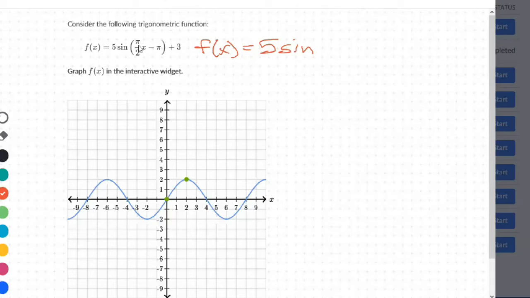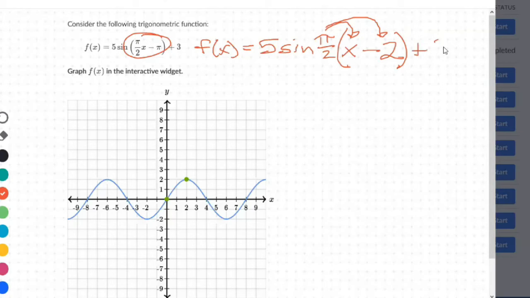So I'm going to have to pull the multiplier out, so pi over 2, and x minus, and then pi over 2 times what gives you pi? 2. So then when I factor pi over 2 out, I just need to make sure that when I distribute this back out, I get back to that. Okay, and then I have a plus 3 at the end.